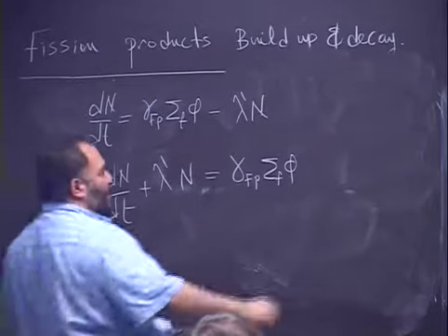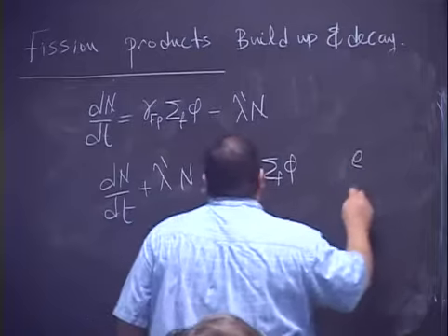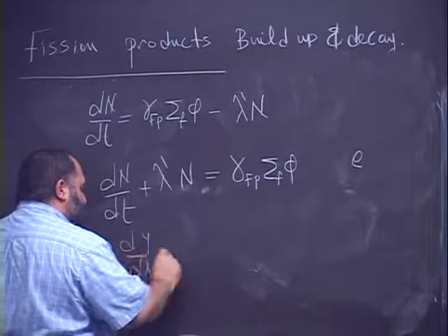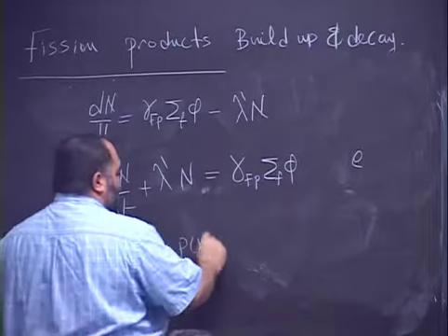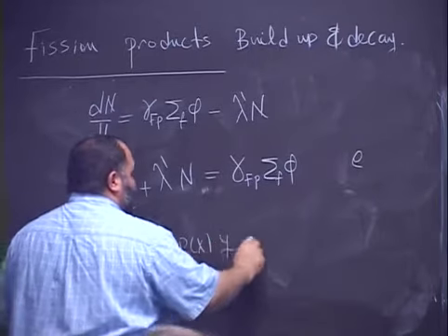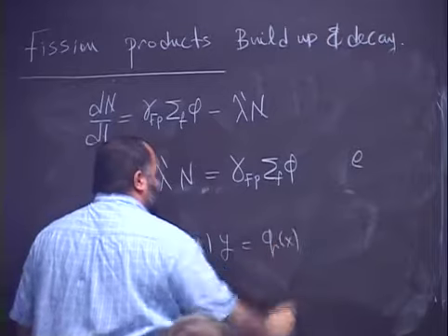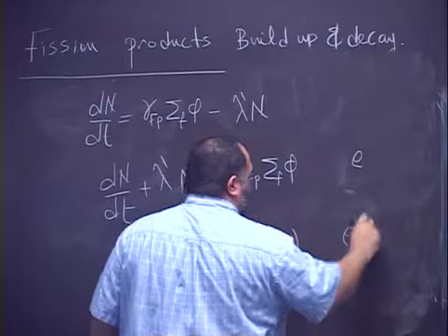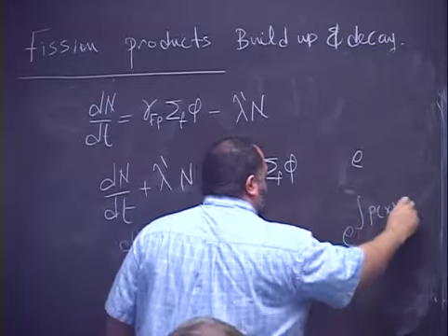Do you remember the integrating factor? Yeah. So this is dy by dx plus p of x multiplied by y equal to q of x. Okay? And the integrating factor will be e to the power of the integral of p of x dx.